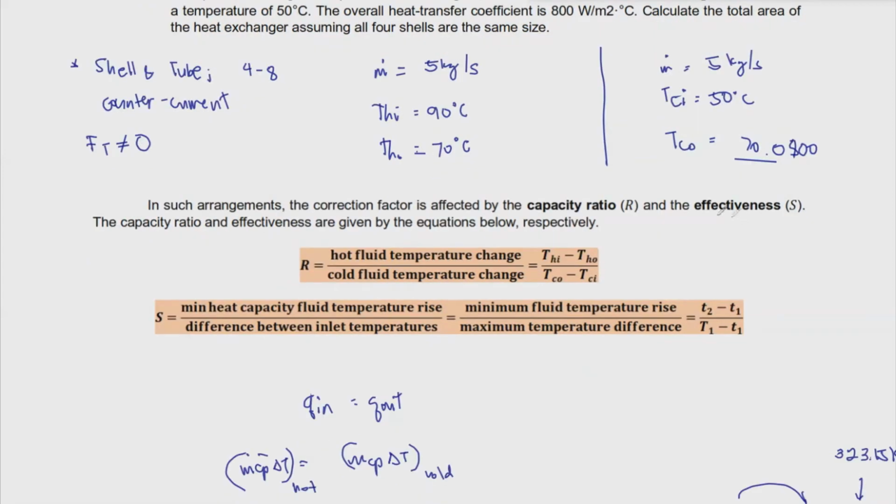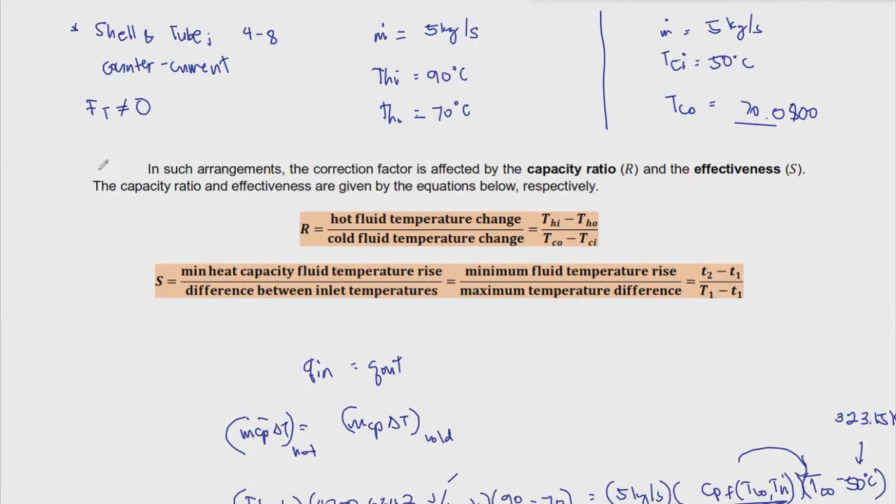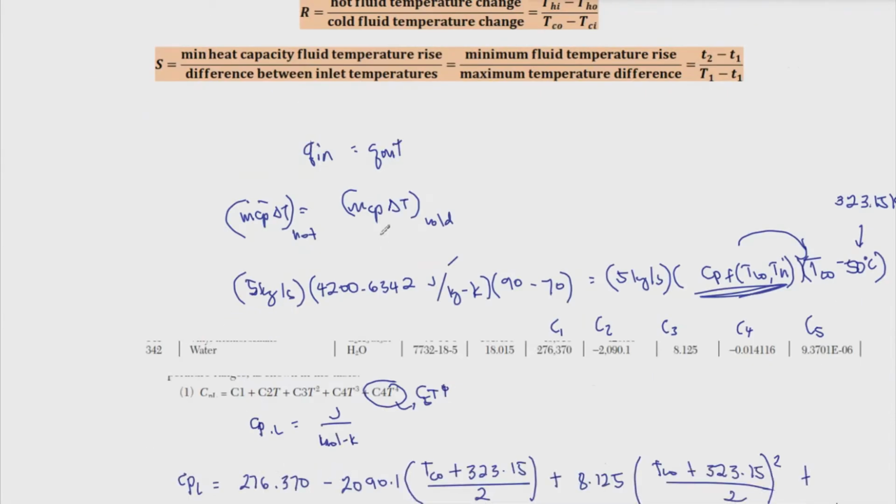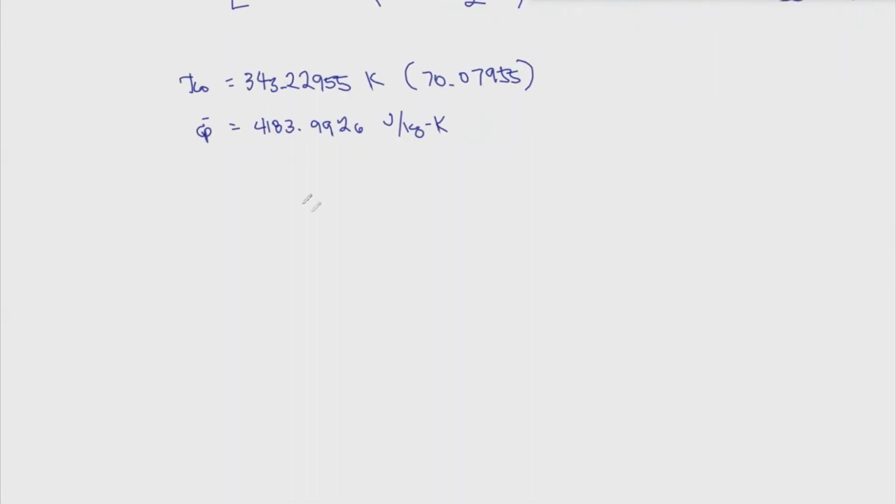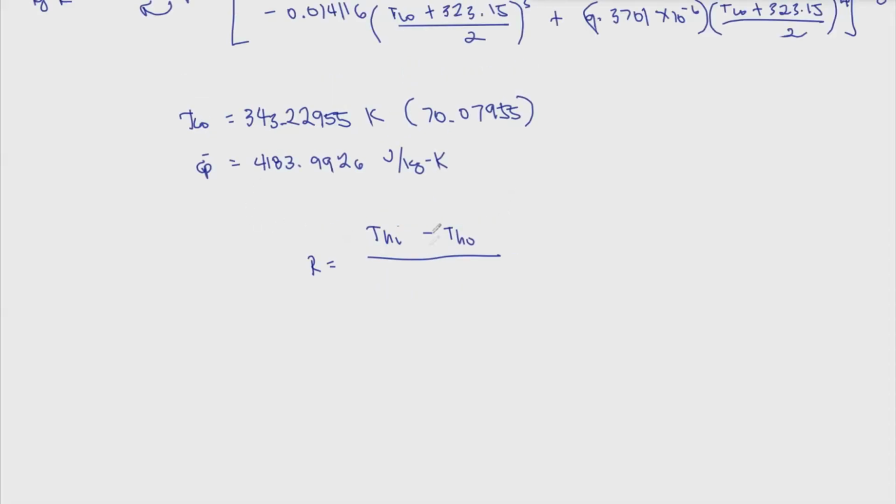Okay, so now we can solve for FT by using our effectiveness and capacity ratio. To get our capacity ratio, it says here that we just need to take the hot fluid inlet minus outlet, and then the cold fluid TCO minus TCI, just to make it positive.